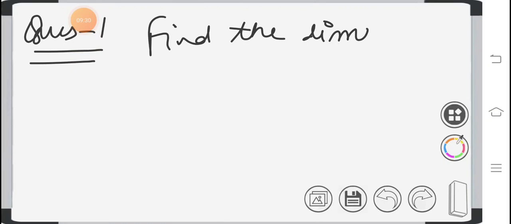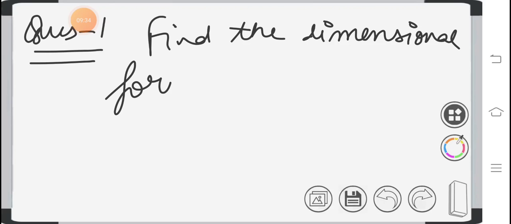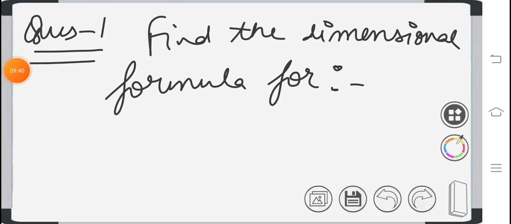Find the dimensional formula for the following. These are the questions I am giving you. I'll make a video, so you can just note down the questions and try them out.